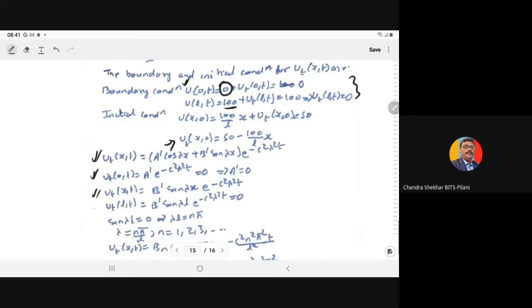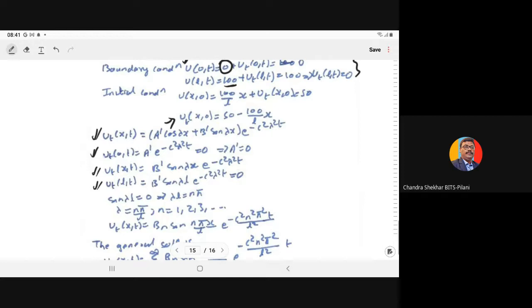Then we put the second boundary condition, ut at x is equal to L is equal to 0. So it will give you b dash sin lambda L e to power minus c square lambda square t is equal to 0. So from here we have the conclusion sin lambda L is equal to 0, or lambda L is equal to n pi. So lambda will become n pi upon L where n is equal to 1, 2, 3.